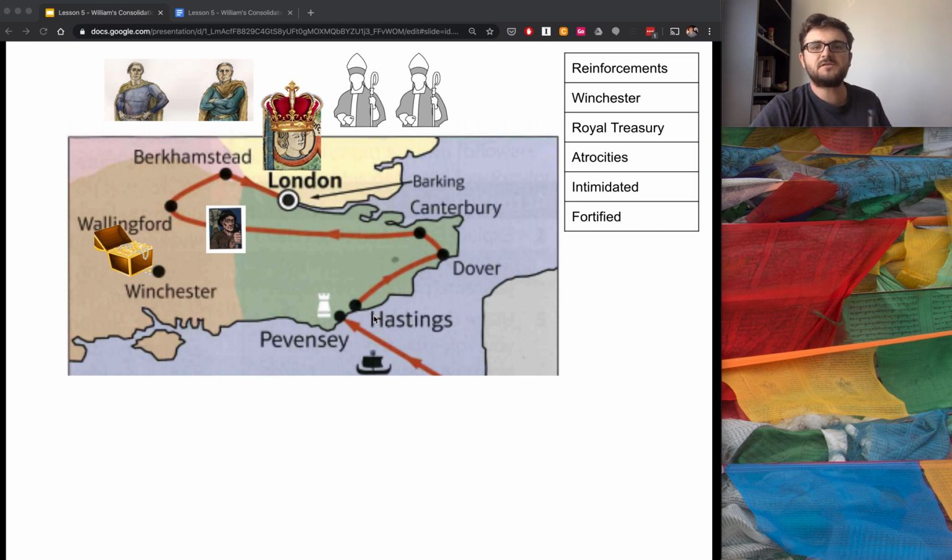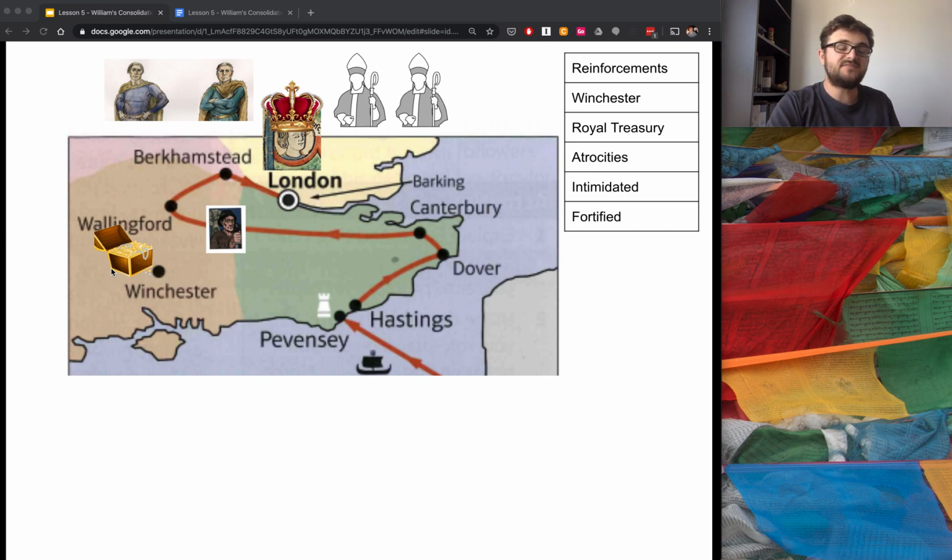Once he secures the south coast, he then marches west towards Winchester. Now, Winchester's really important because it's where the English royal treasury was kept. Basically, it's where the gold and wealth and money of England were securely controlled.